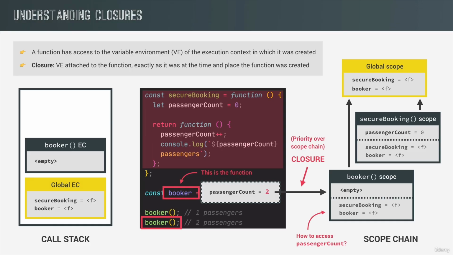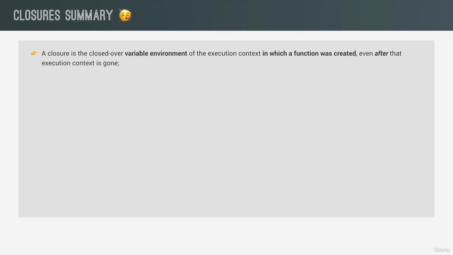And I know that this is all quite complex, so let me give you a couple different definitions of closure now, some more formal ones and some more intuitive and maybe easier to grasp. The most formal definition of closure is the one we already saw, which is that a closure is the closed over variable environment of the execution context in which a function was created, even after that execution context is gone.